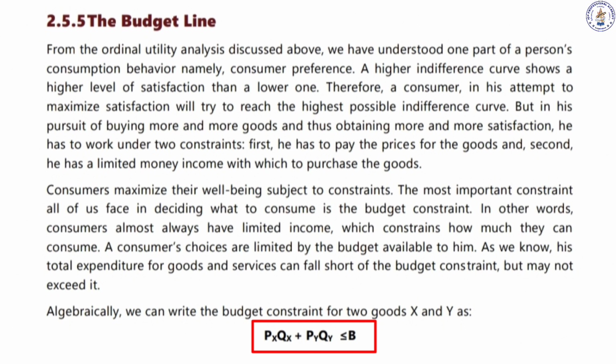So the price of product 1 multiplied by its quantity, added to the price of the second commodity multiplied by its quantity, must be within the amount that he is ready to spend. It either should be equal to the amount that he is ready to spend or should be less than. That is what has been explained algebraically on page number 2.67.